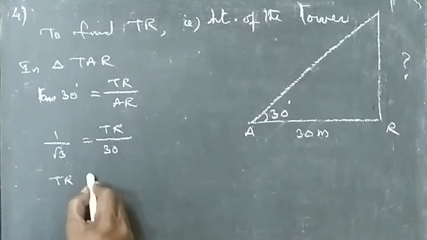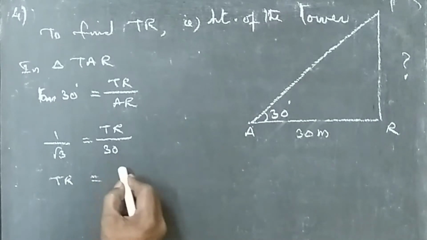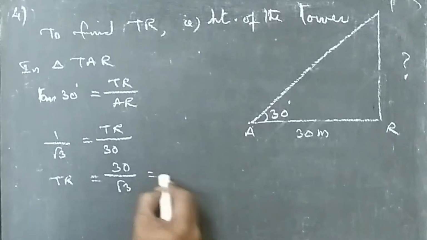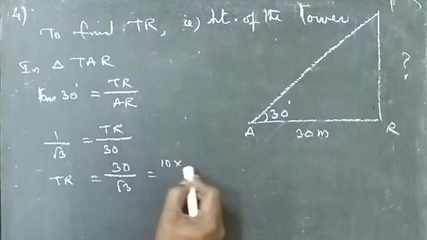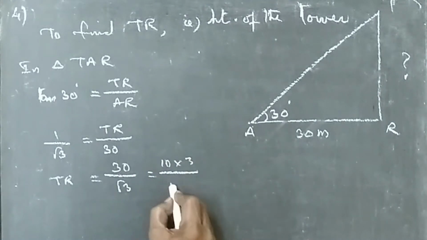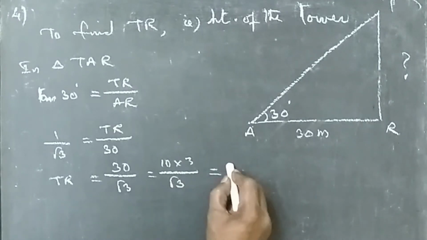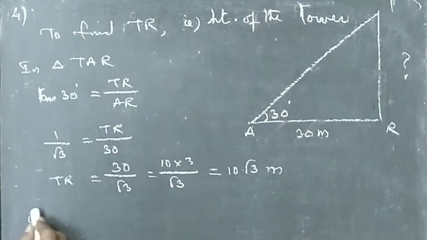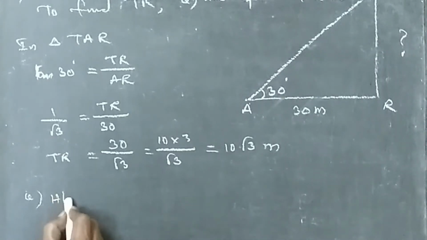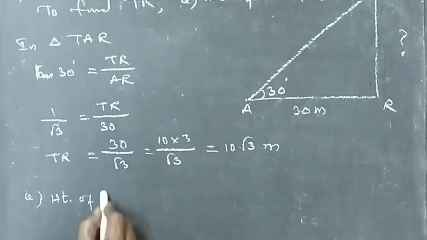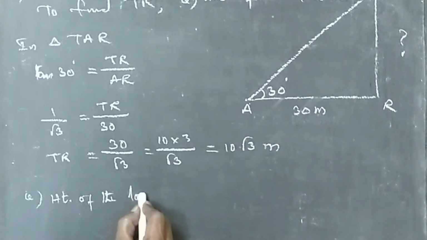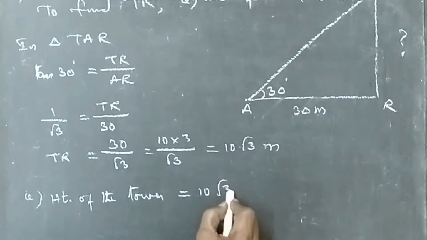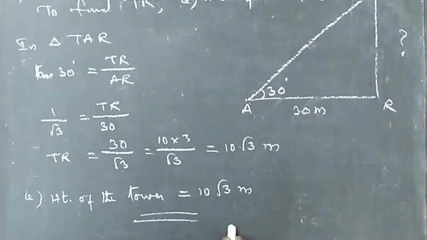This TR is equal to 30 by root 3. This equals 10 into 3 by root 3, which equals 10 root 3 meter. That is, the height of the tower is equal to 10 root 3 meter.